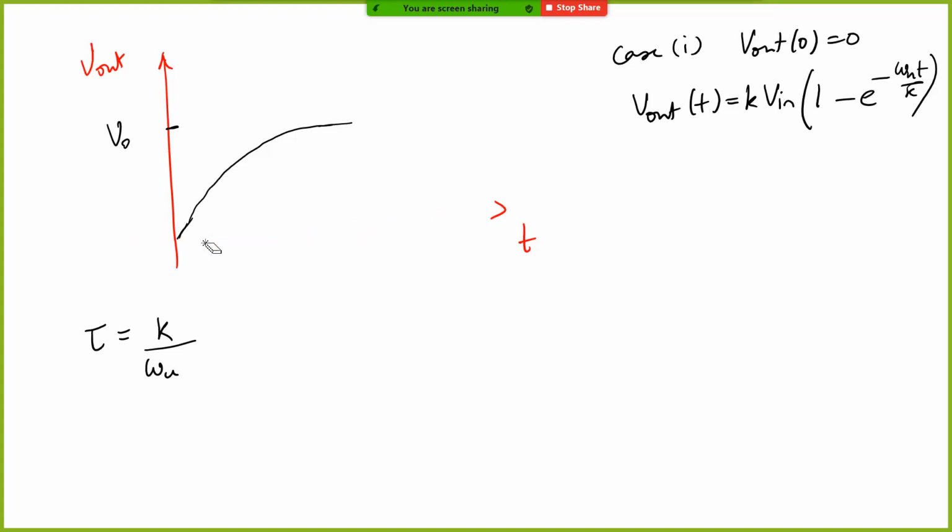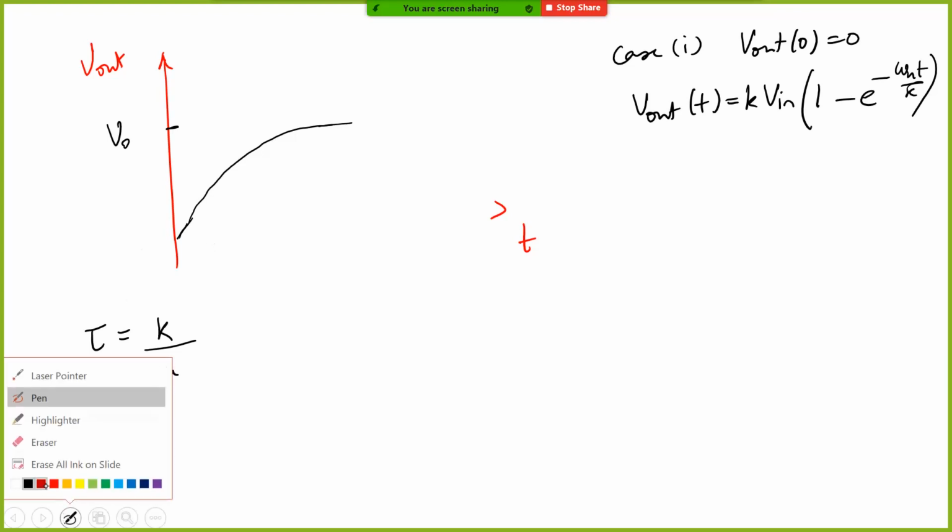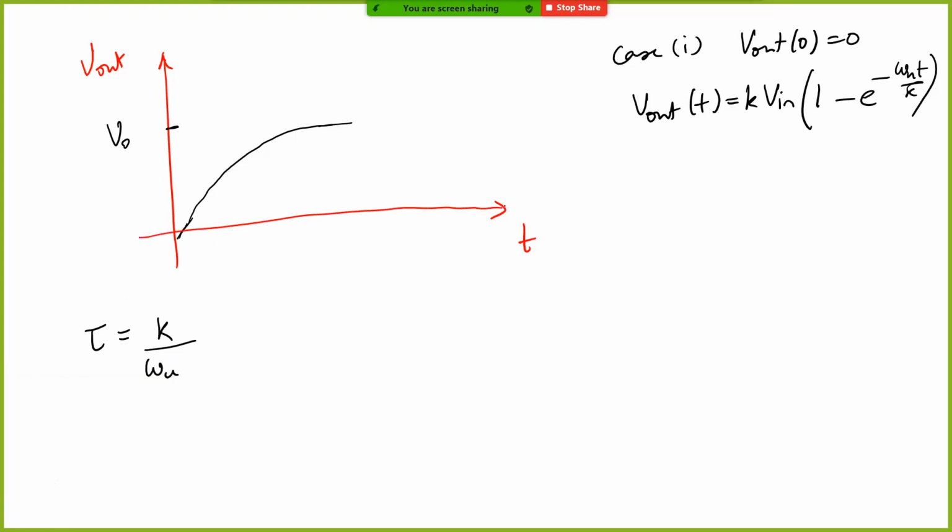I think it's some 78 point some percentage, right? Okay, let's take an example. Let's say k is equal to 5, omega u is equal to 1 gigaradian per second, and V in is, let's say, 1 volt.